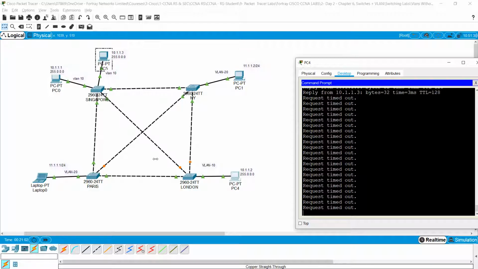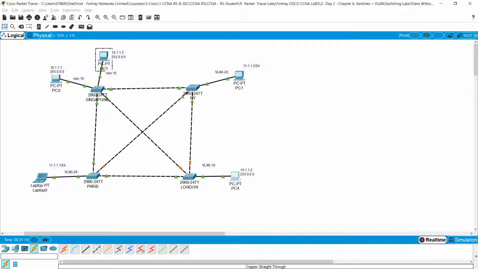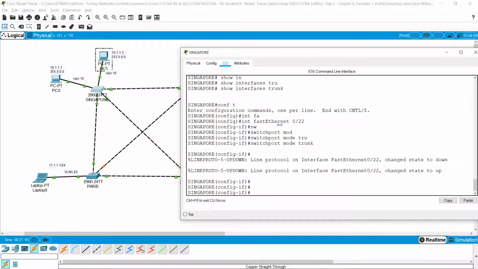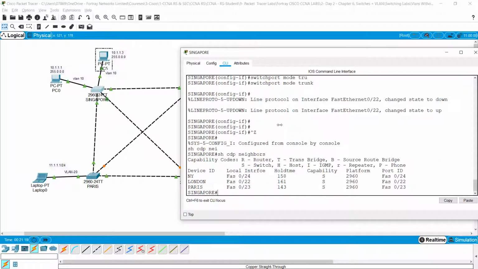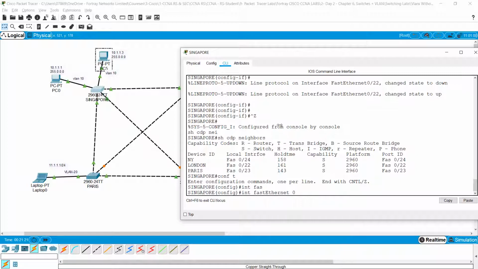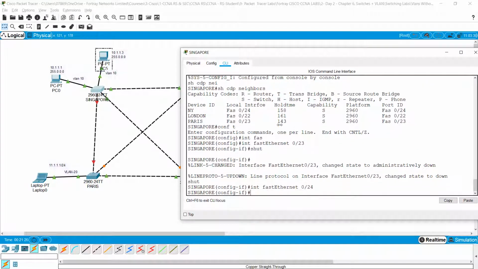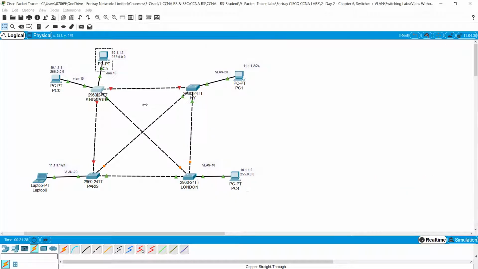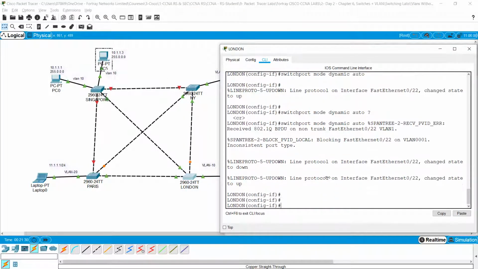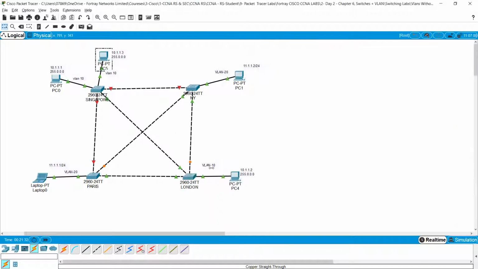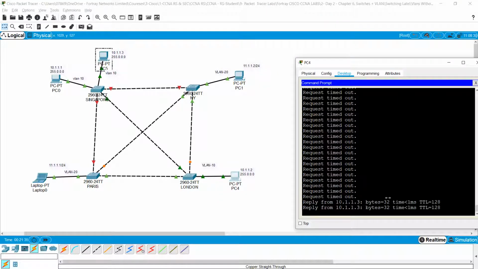Now you can see these ports are green. Now my communication should be restored. Look at this.